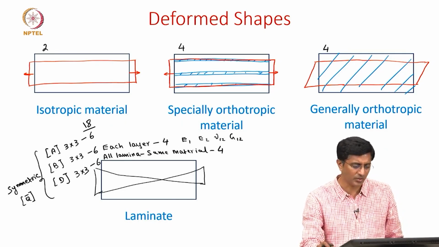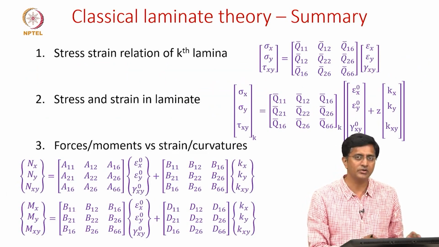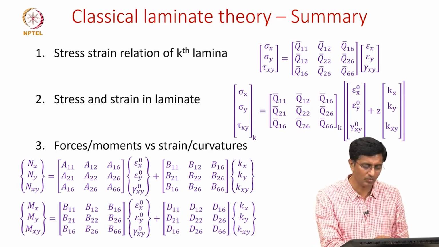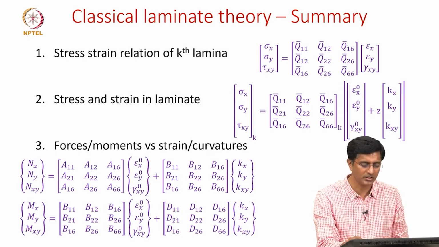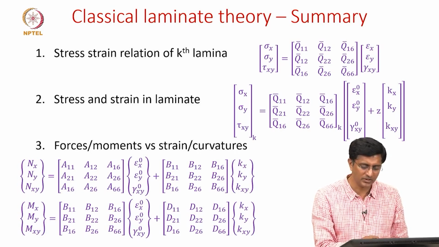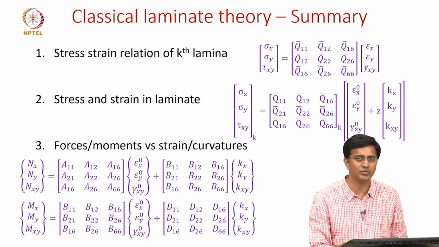So let's summarize what we have discussed about the classical laminate theory. We have shown it in 3 steps. In the first step, we showed the stress-strain relation in a kth layer. In the second step, we showed the relation between the stress and strain in terms of the transformed stiffness matrix and strains written in terms of mid-plane strains and curvatures.